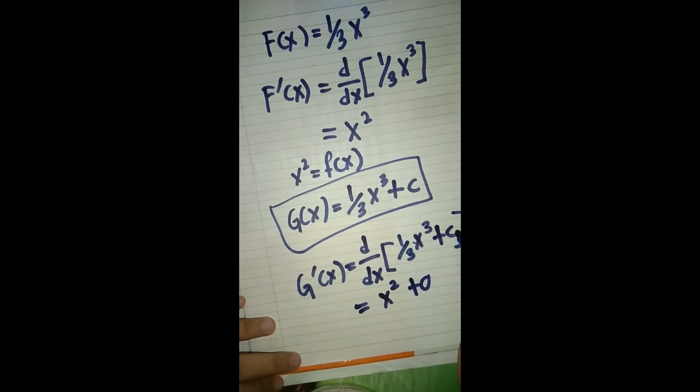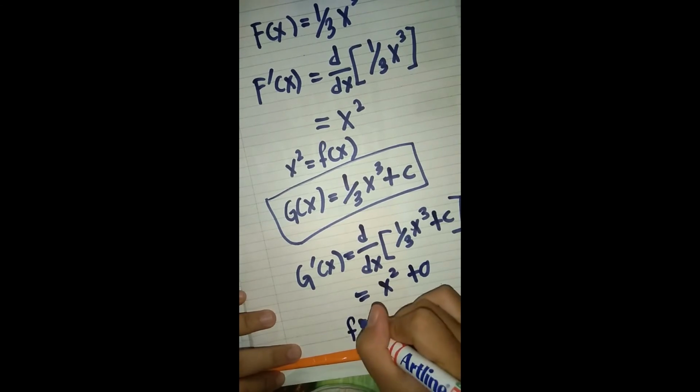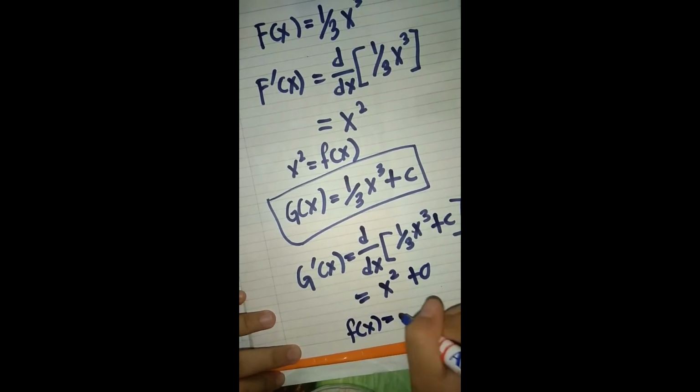Because it is a constant, it will always become 0, and we will get f(x) equal to x squared.